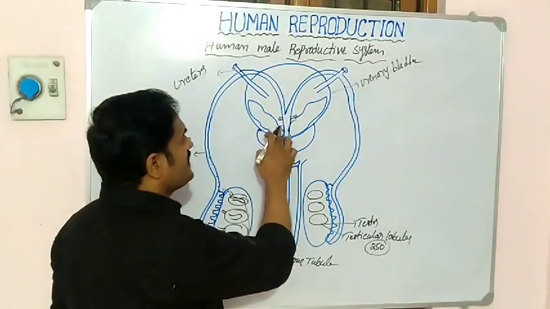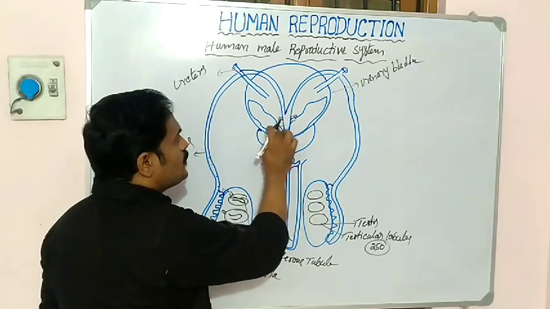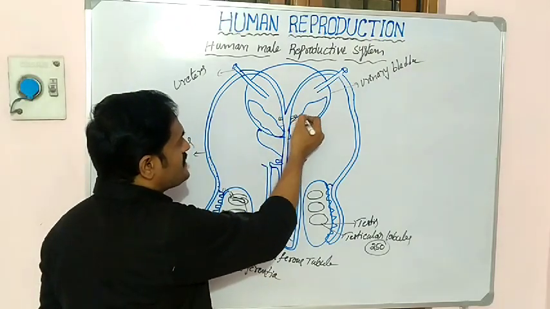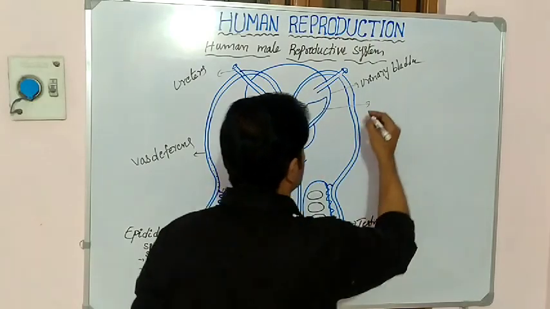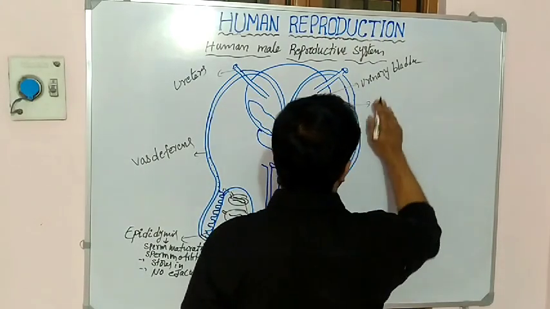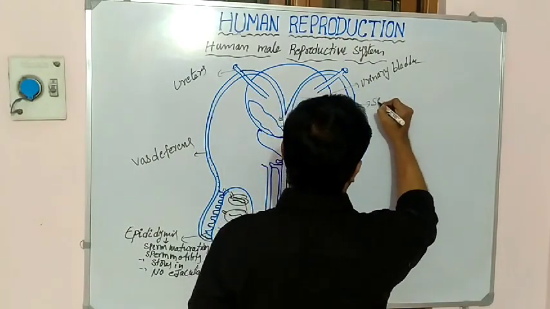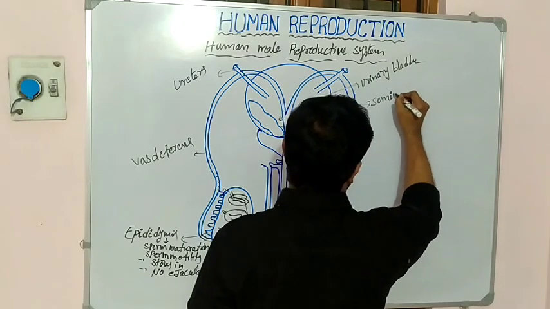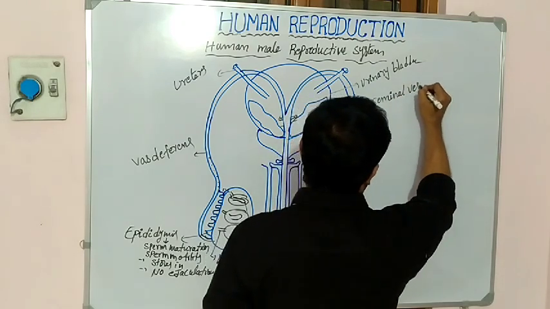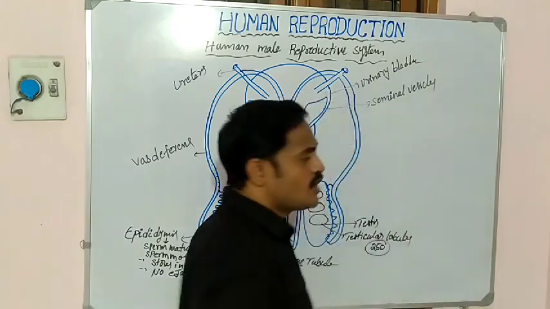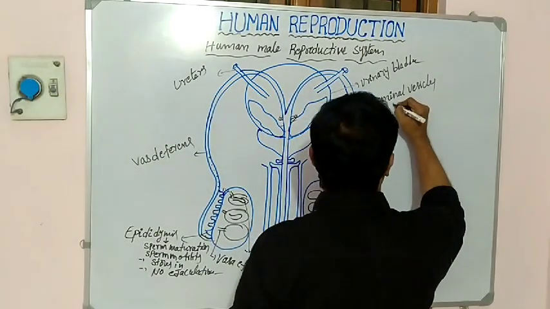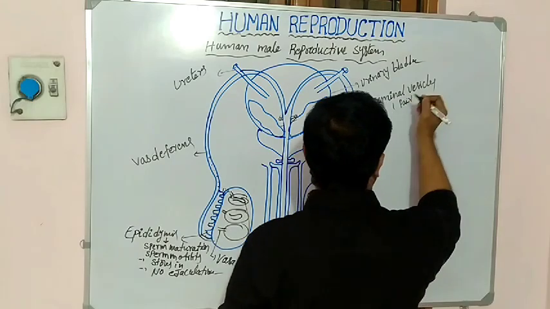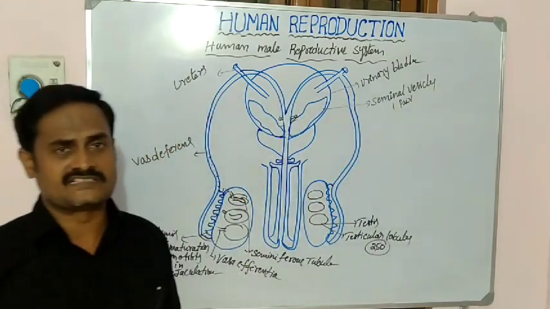Remember, a pair of glands are present in this place. These glands are called seminal vesicles. How many seminal vesicles are present here? One pair of seminal vesicles.